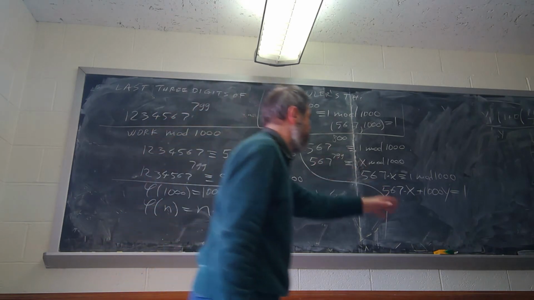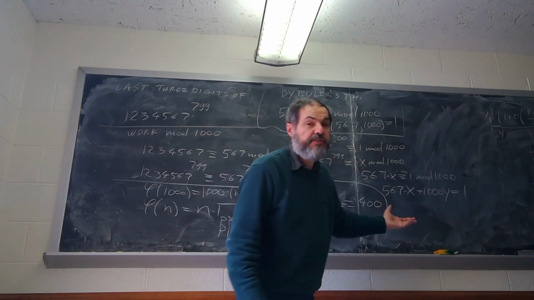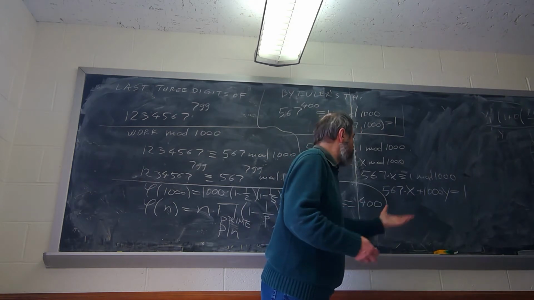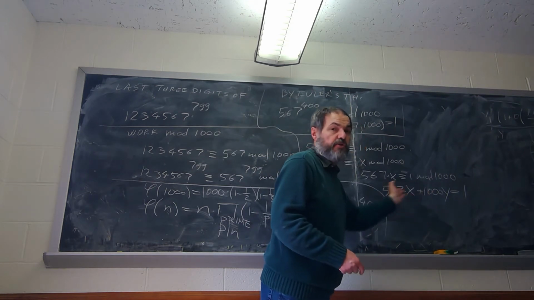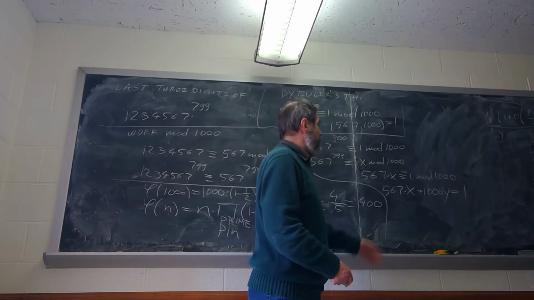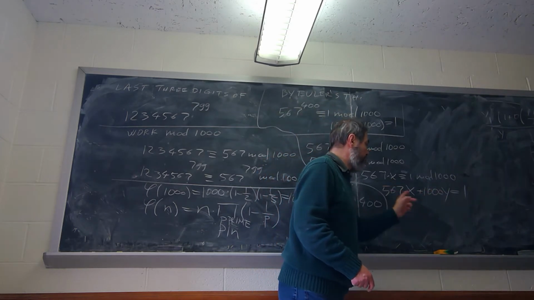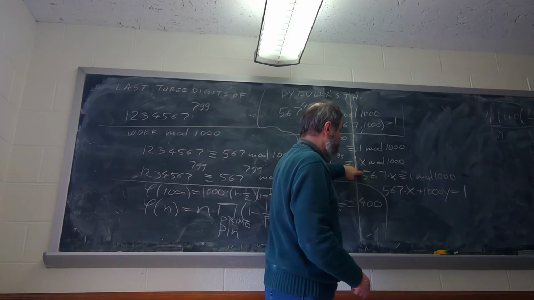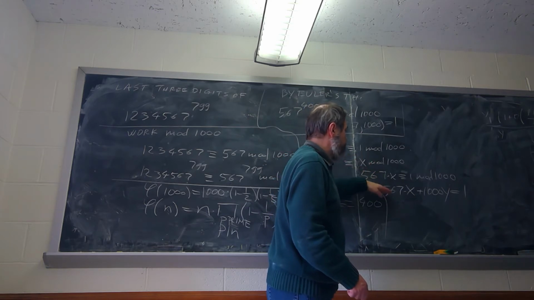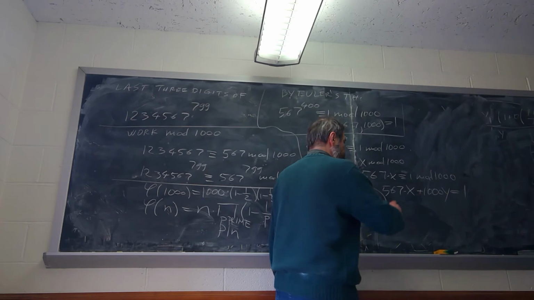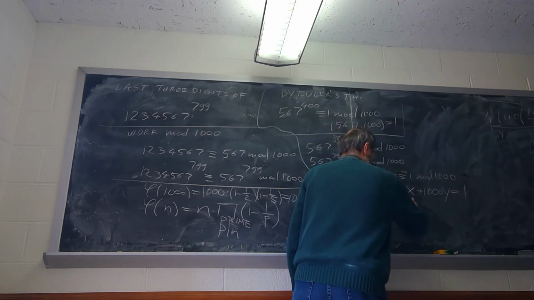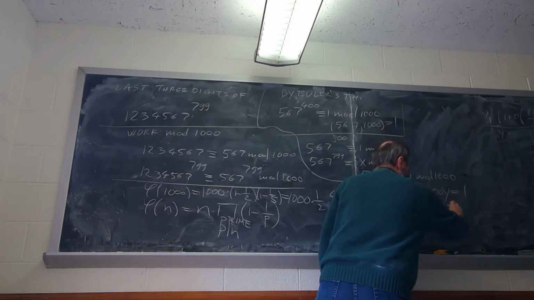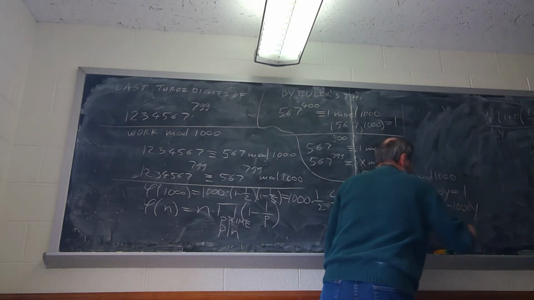So we know that the greatest common divisor of these two numbers, 567 and 1000, is representable. One can find x and y to represent it like this. And then if I interpret this as a congruence, I can get immediately what I needed, because 567x minus 1 is equal to minus 1000 times y.